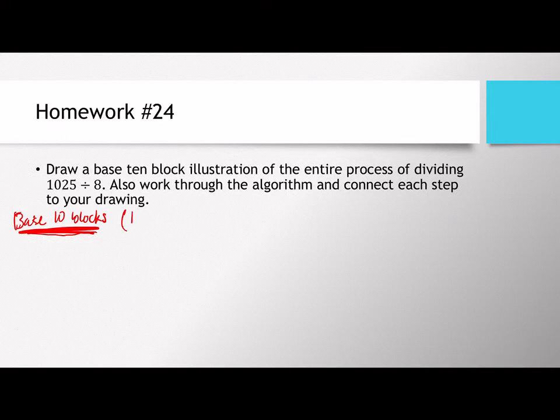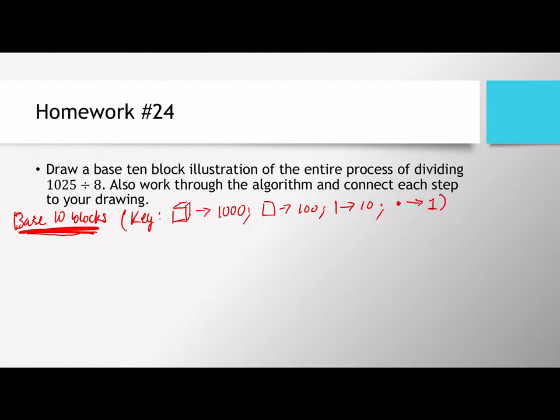Our biggest place is 1,000, so we'll use the regular key, where the big block is 1,000, the flat is equal to 100, the rod is equal to 10, and the little dot, which is the unit cube, is equal to 1.